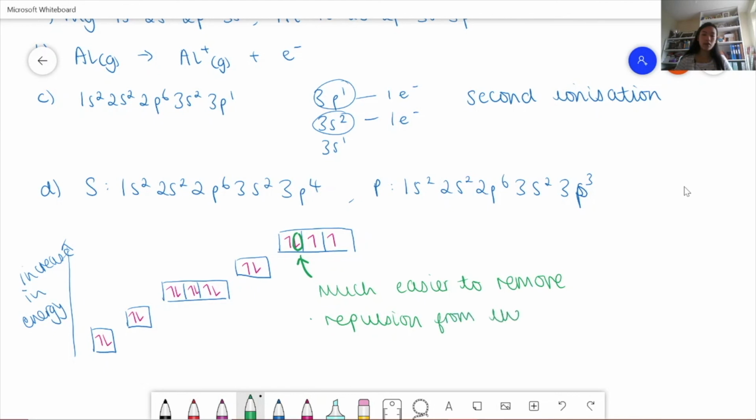Compared to in phosphorus, when we just had 3 of them separately in their own suborbitals, then it's actually harder to lose one of those electrons compared to one of the ones in this suborbital box because of the repulsion between them. And so that's why the ionization energy of sulfur is smaller than that of phosphorus.